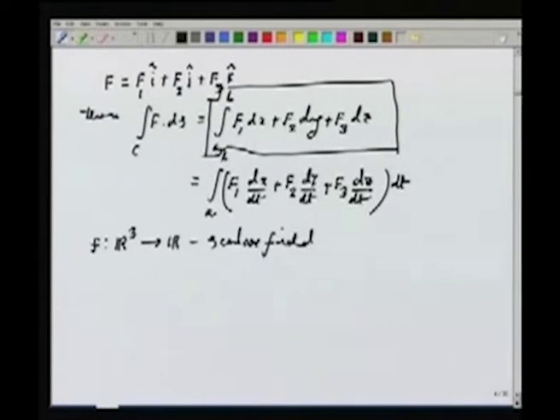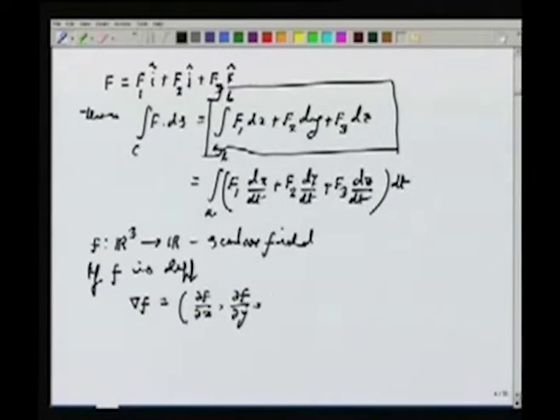Now out of this scalar field, if f is differentiable, I can manufacture a vector field out of this f the following way. That is the gradient of the function, which you are already accustomed with. That is, the gradient of the function is del f del x, del f del y, and then del f del z.